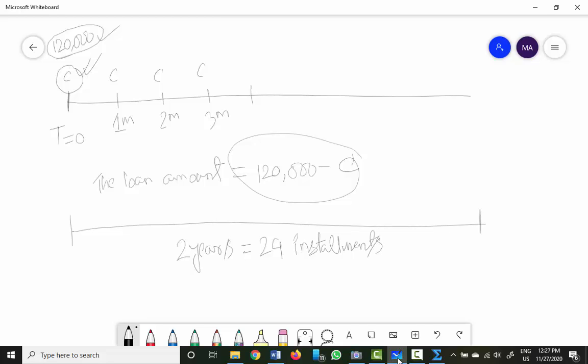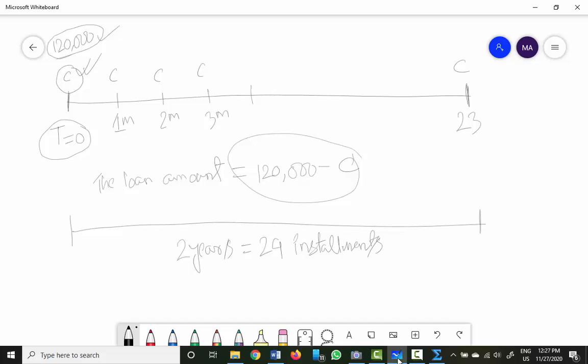Since the first installment has started from period 0, the last period will be 23, not 24. Since it has started from period 0, the last period will be 23, right?